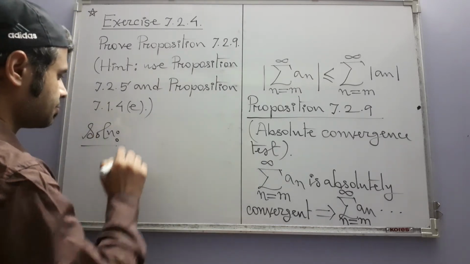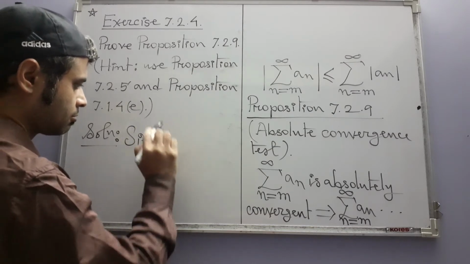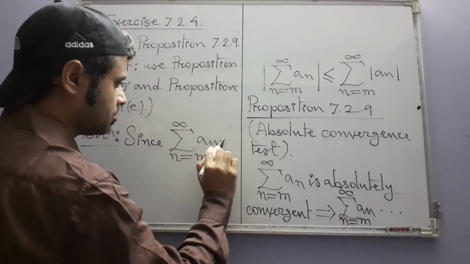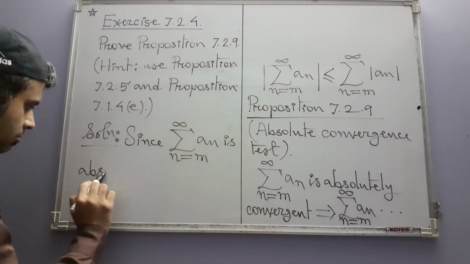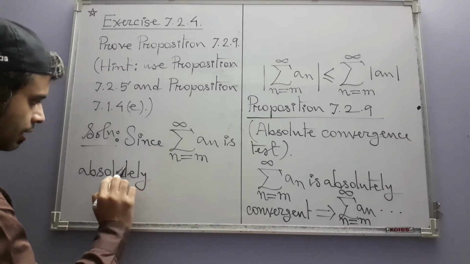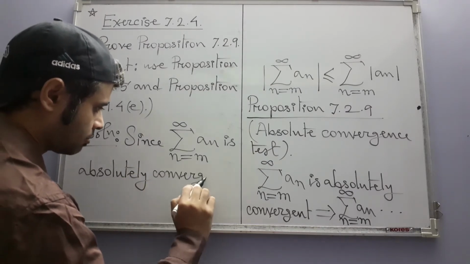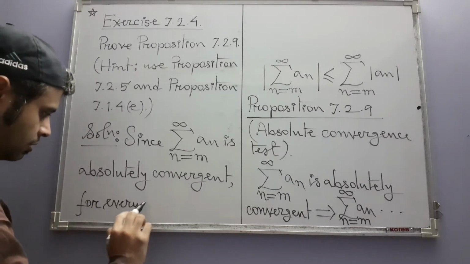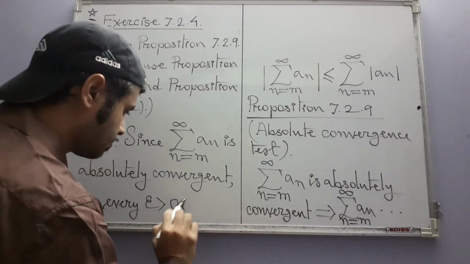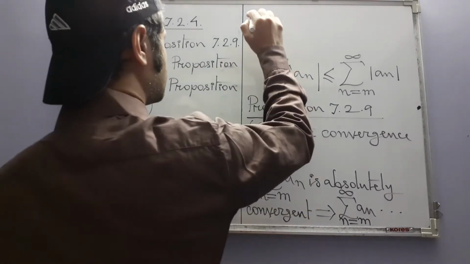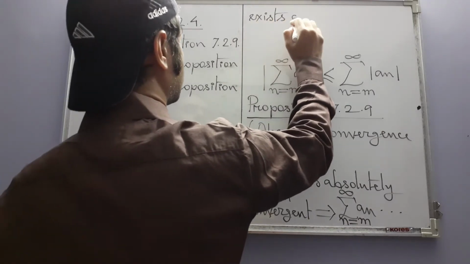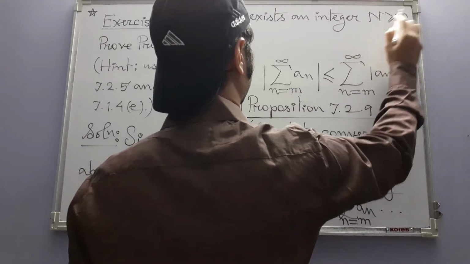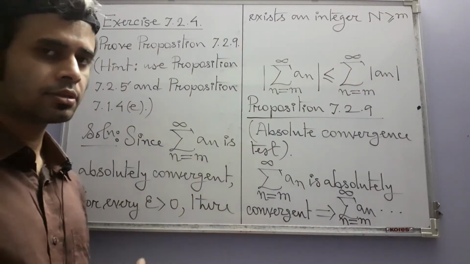So we start off like this: since summation an is absolutely convergent, for every positive real number epsilon there exists an integer N greater than or equal to M, such that we have seen this thing.